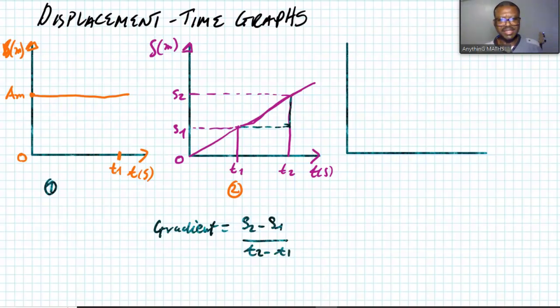And this is equal to velocity. And because it's constant, it means whatever object or particle under consideration is moving with a constant velocity.